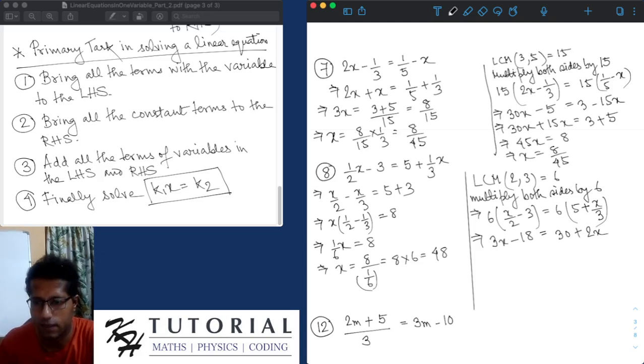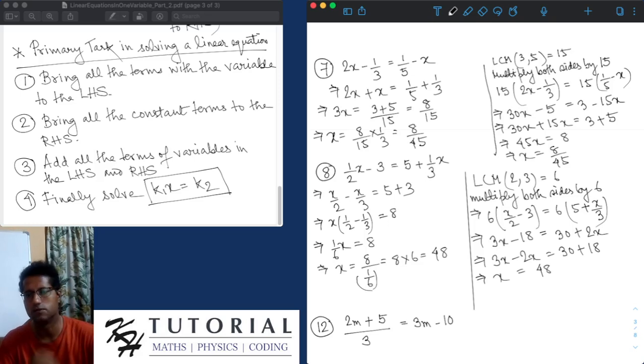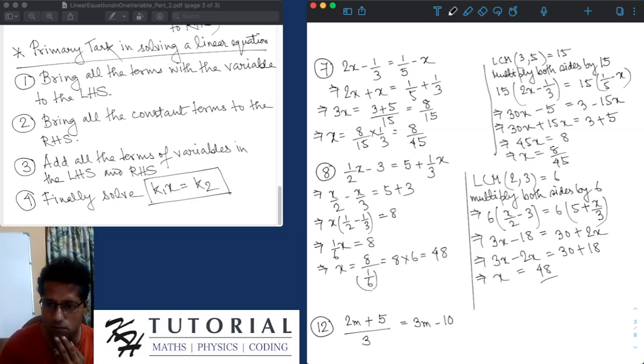Okay, now I will bring all the variable terms to the left hand side and all the constant terms to the right hand side. So after doing that, it takes the form 3x minus 2x equals 30 plus 18. Now if I add up all the terms in the LHS and RHS, I get x equals 48. So we got the same solution. 48 is the solution. Okay.